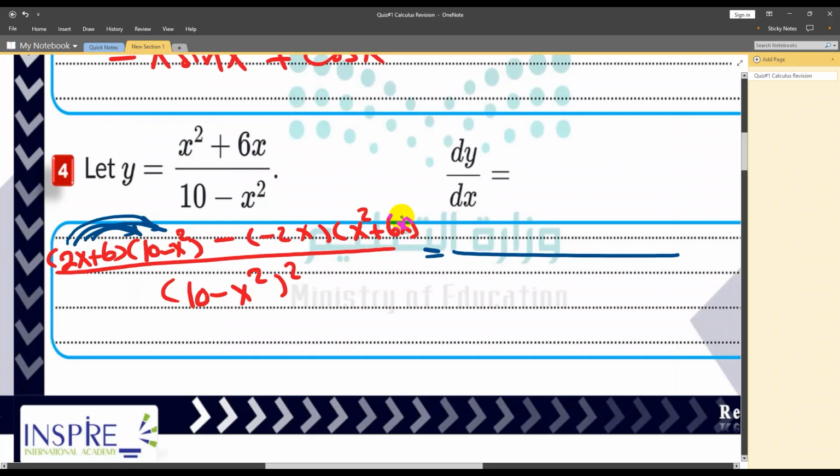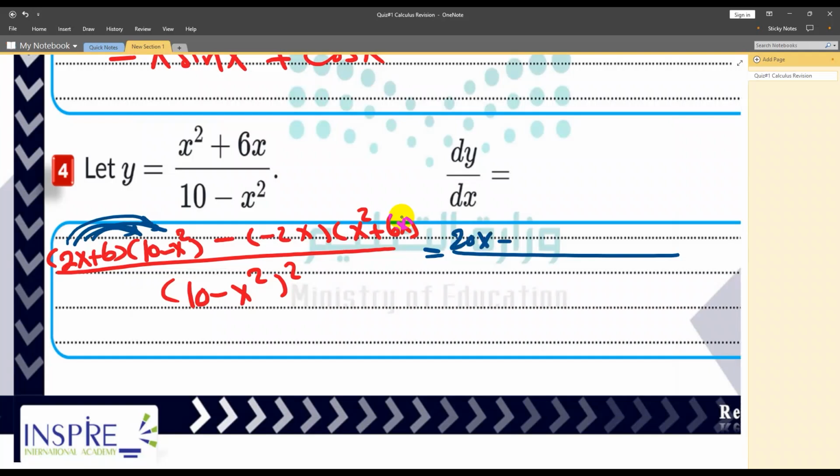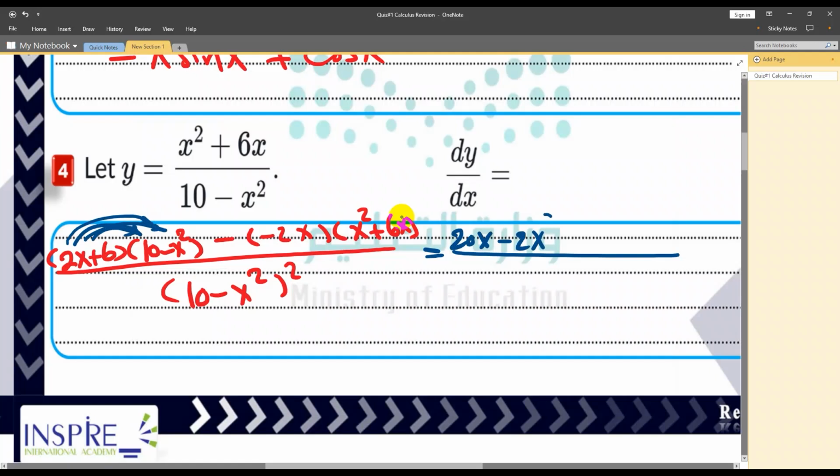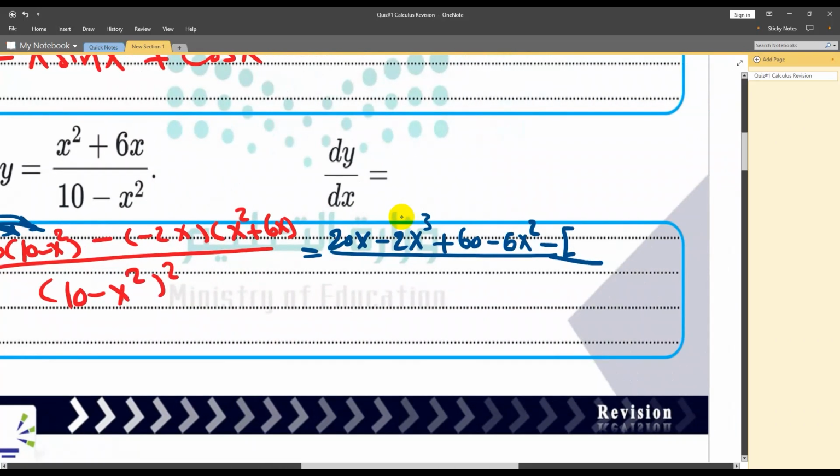So it will be 20x minus 2x power 3 plus 60 minus 6x squared, minus, open a bracket for the product of the rest. We will make negative 2x times x squared plus 6x, so it will be negative 2x power 3 minus 12x power 2.